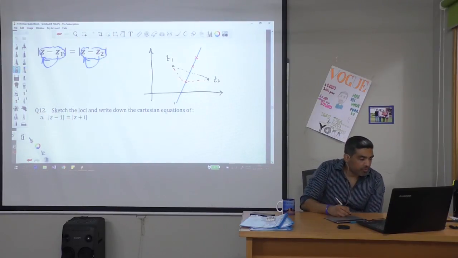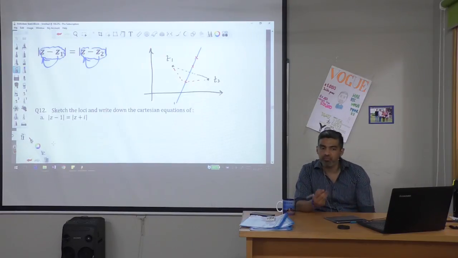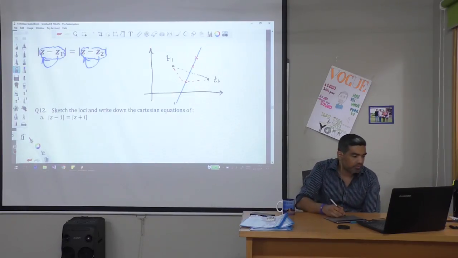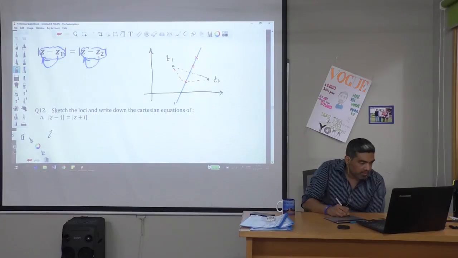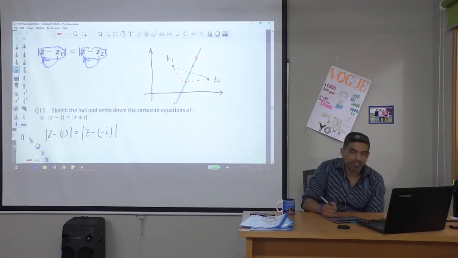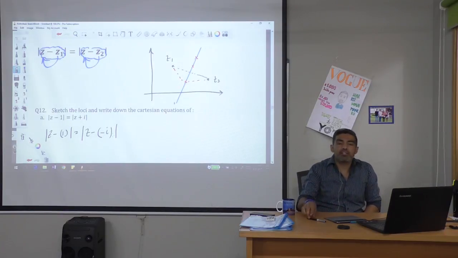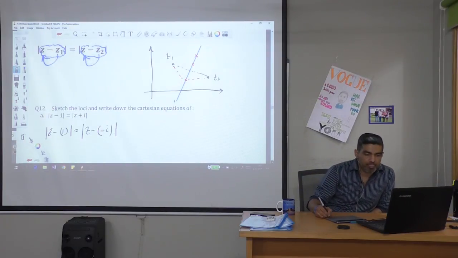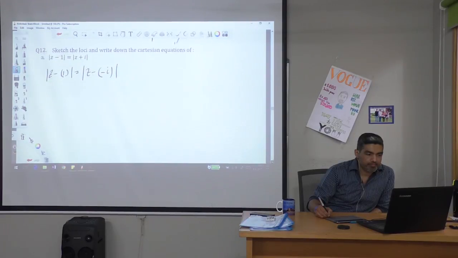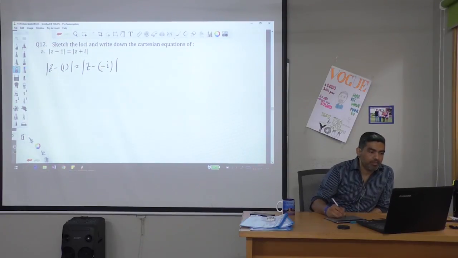So let's try this out. Again, first of all, you have to bring it to the form so that you can identify which are the two points Z1 and Z2. So this is Z minus 1, and this is basically Z minus (minus i). So Z1 is 1 and Z2 is minus i. Now first mark these two points, 1 and minus i.